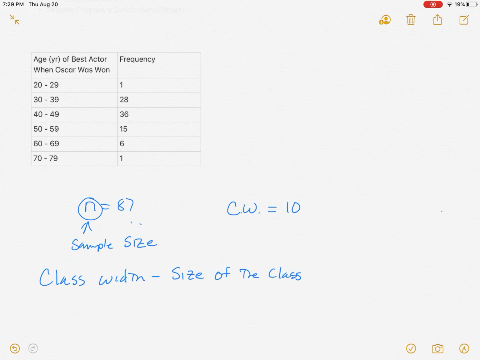As I travel from 20 to 30, you can see that it's 10 in size. From 30 to 40, it's also 10. We tend to keep the class widths exactly the same so that we get a good idea of how the data is distributed. So we can kind of see that this data pretty much peaks in the middle and tails off. They'll call that a normal type of distribution.